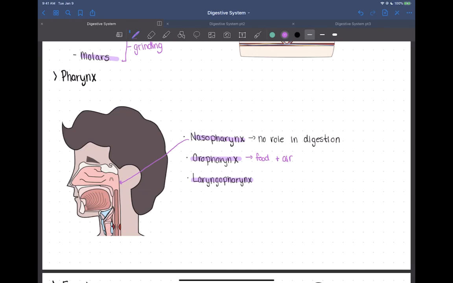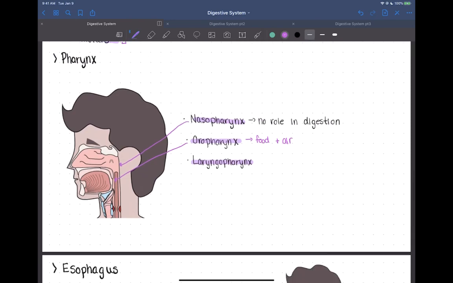So when you swallow a bolus, the first part of the pharynx that we'll encounter is going to be this oropharynx. That would be here. And then we have the laryngopharynx, so that would be here. This is also a passageway for food and air.